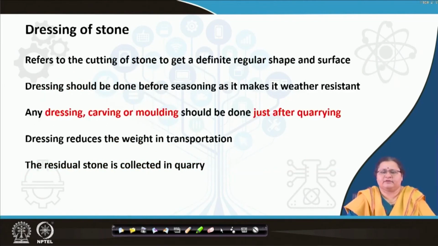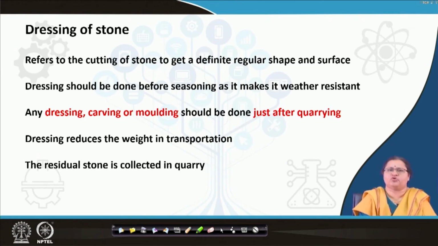So, that is the purpose of seasoning. Next, we have dressing of stone. Obviously, during the seasoning process, you can dress stone because it still remains softer than it would be once in use. So, dressing refers to the cutting of the stone to its desirable shape and size and even form.